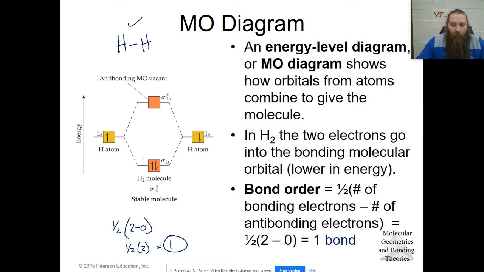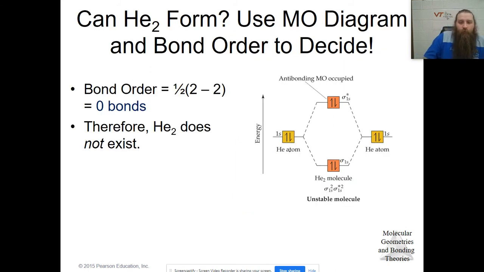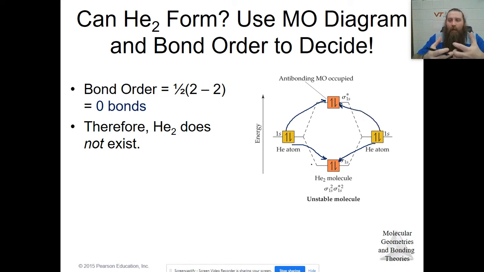Now look at helium. Helium has 1s2. So if I want to put 2 helium atoms together, well, that one goes there, that one goes there. Now this one goes here, that one goes there. I have to fill them up. They're overlapping.